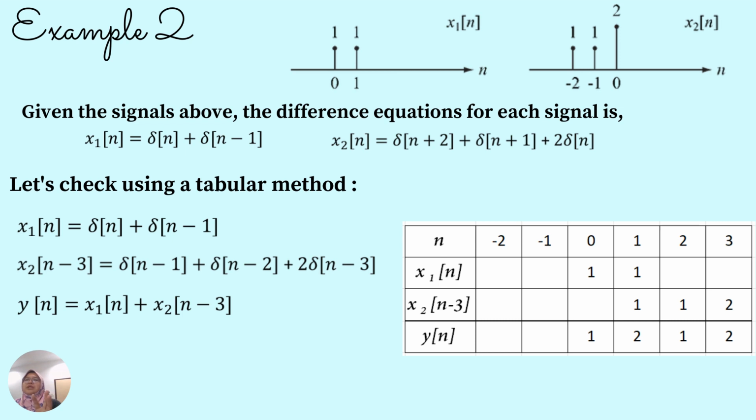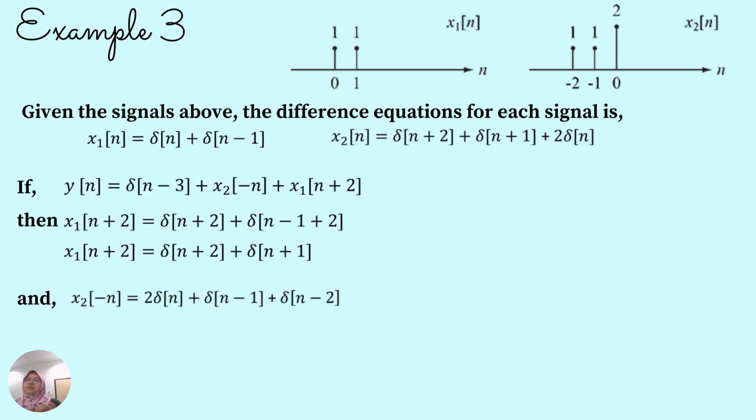Okay, so maknanya samalah. Example seterusnya, yn equals to delta n minus 3 plus x2 minus n plus x1n plus 2. Okay, so dekat sini you tengok, maksudnya ada 3 signal.